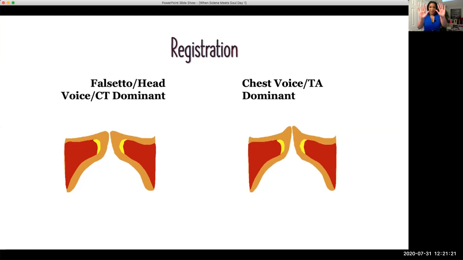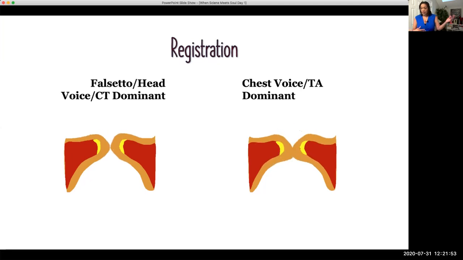If the vocal folds move in this kind of wave-like motion, then 5 fingers together would be chest voice, longer close phase, release. And then the more head register that I allow, I'll go from 4 fingers to 3 to 2 to 1 finger, a very thin fold, to measure thickness and help them visualize that.